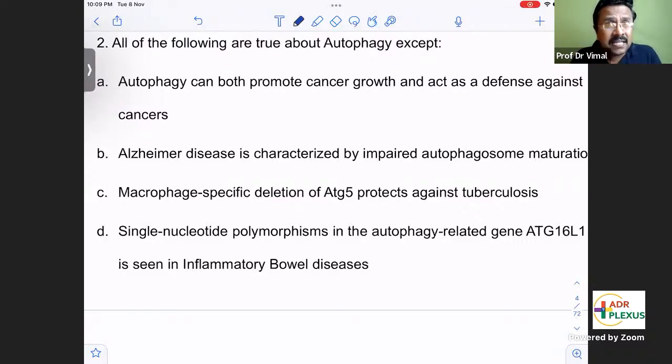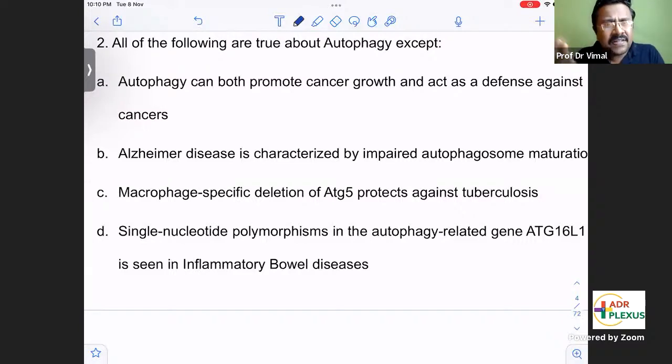By cannibalizing their own organelles, they escape nutritional deprivation, thereby the cancer cell survives by autophagy. This is how it promotes cancer growth. Autophagy is nothing but eating up one's own cellular organelles.